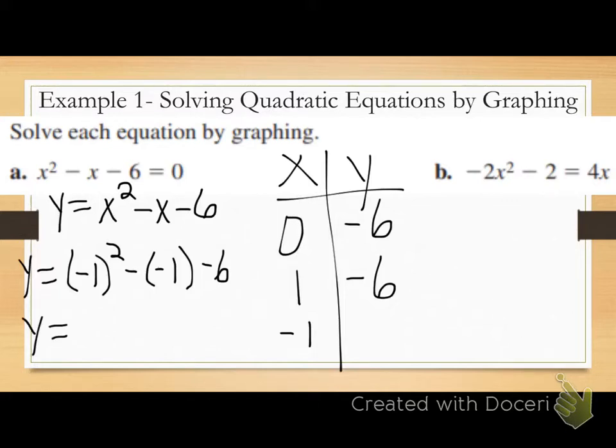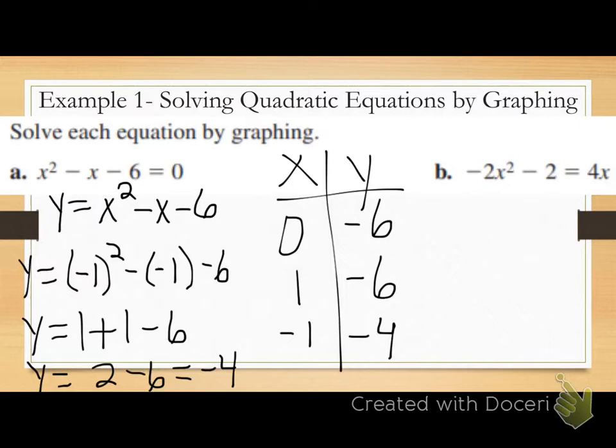What's negative 1 squared? Negative 1 times negative 1. 1. 2 negatives makes a positive, so this just turns into plus 1. What's 1 plus 1? 2. And 2 minus 6? Negative 4. So I get negative 1, comma, negative 4.